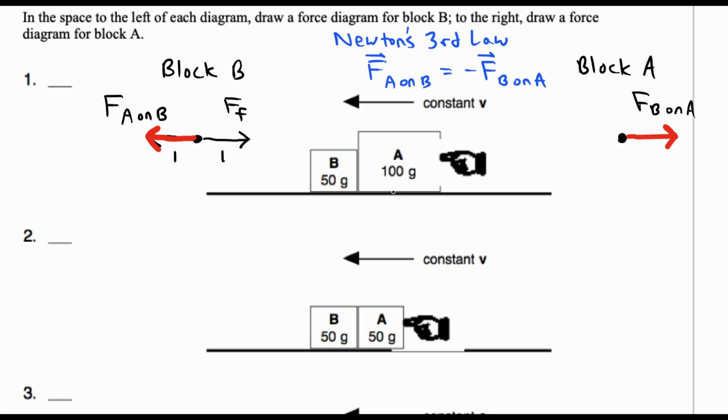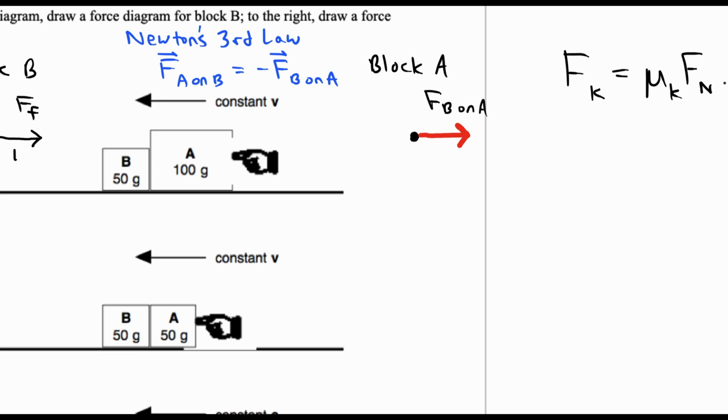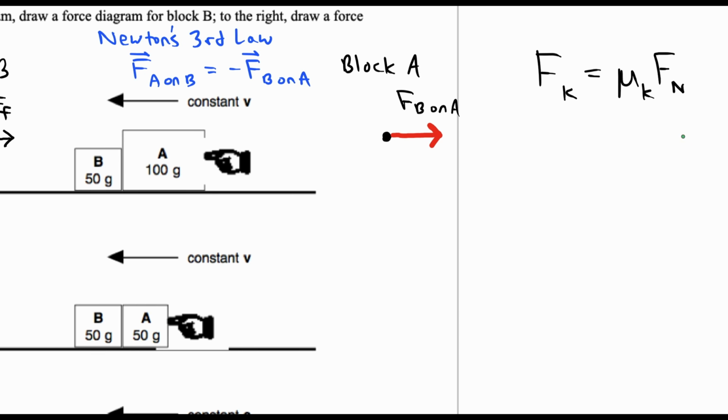Okay. A is going to also feel some friction, and friction has the formula Fk equals mu k times Fn. So in the friction formula, this is the size of the kinetic friction.